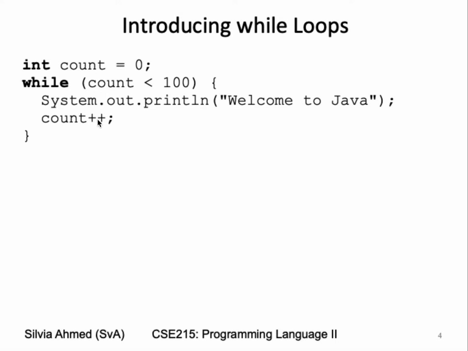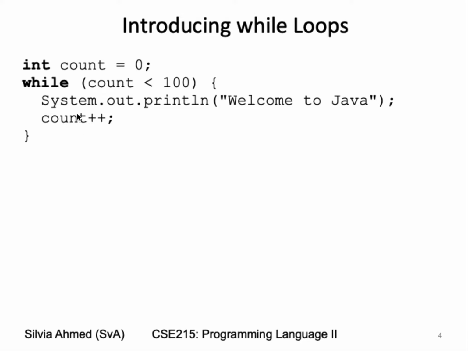Then we have this count plus plus, that is the update of the loop variable. By this plus plus, count becomes 1. Then it loops back to the condition and checks again if 1 is less than 100, which is again true. So it enters the loop body and prints out this line.